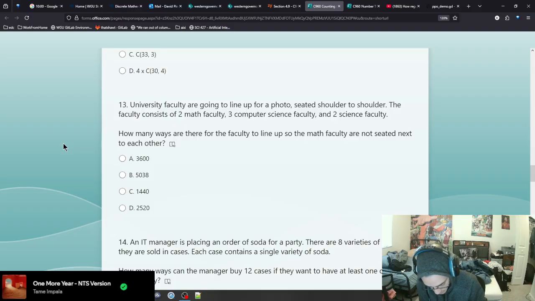5. Is that right? Is that right? 5. That has to be right because we only have 5 faculty members, and we're moving them all along 5 different places, so permuting them, and yeah, it's 120. 5 permute 5 is 120.